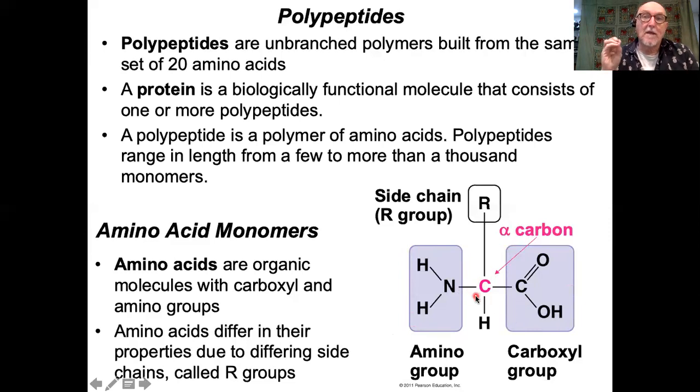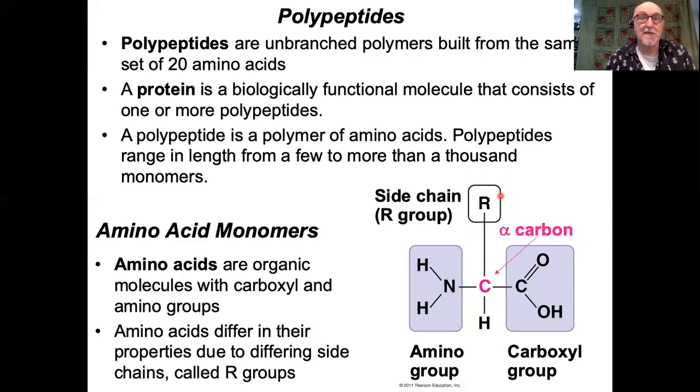There are 20 different amino acids that are used in cells. There are more amino acids than that, by the way, but there are 20 used in cells to build polypeptides. Each individual amino acid differs from the others because it has on one side a side chain called the R group, sometimes referred to as the reactive group.